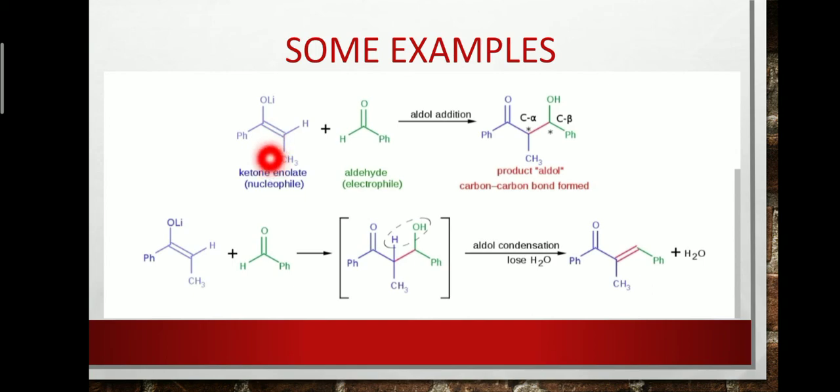Here we have a keto enolate nucleophile and we have an aldehyde. So here we have an alpha hydrogen. So it undergoes an aldol condensation and forms a bond here. Look at here, a new carbon-carbon bond is formed.